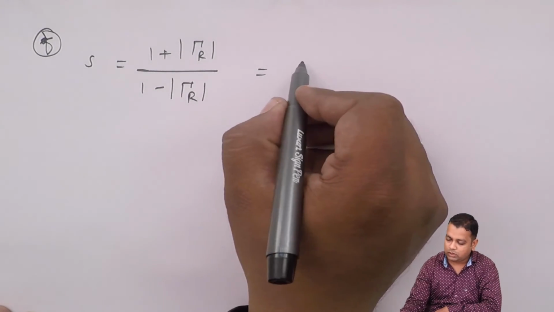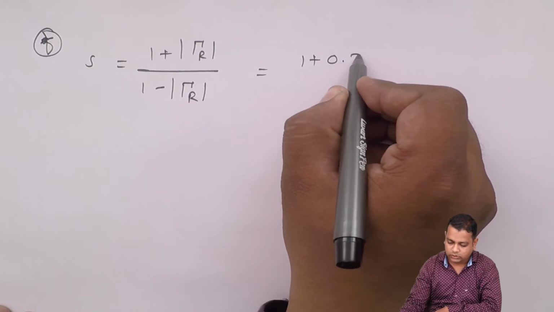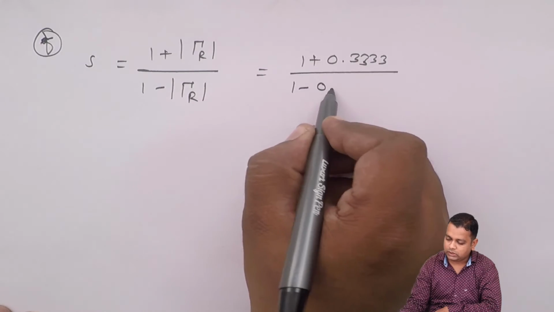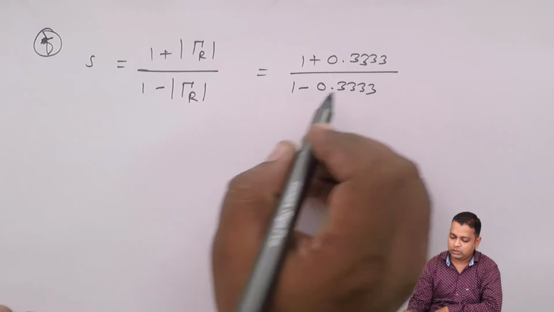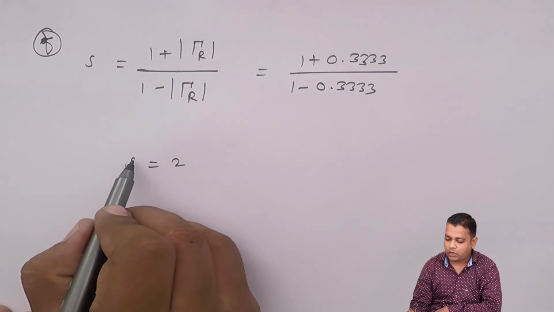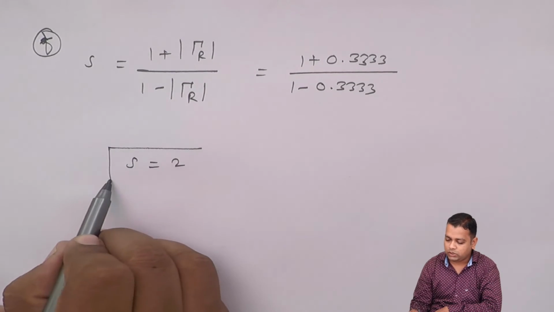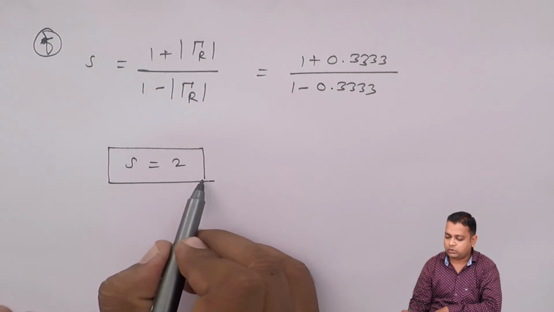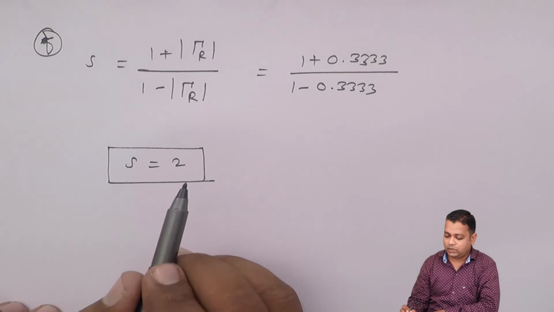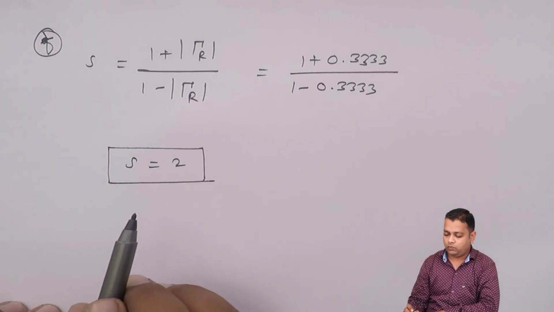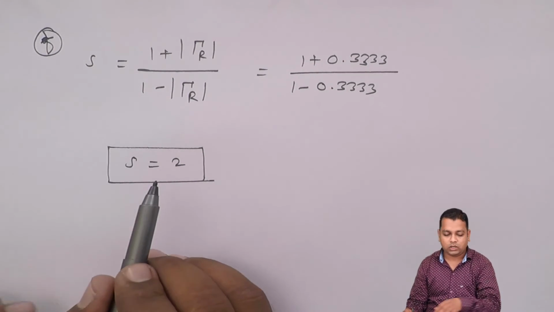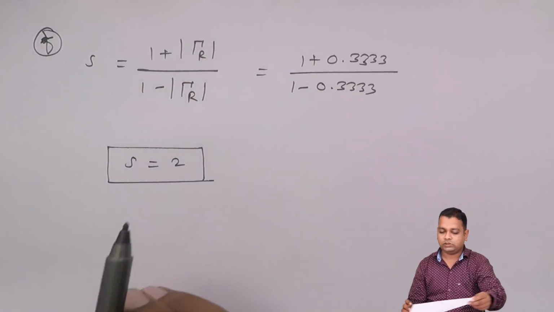Substituting, it will be 1 plus 0.3333 divided by 1 minus 0.3333. Hence, the standing wave ratio will be 2. The standing wave ratio is the ratio of the maximum amplitude to the minimum amplitude of the electric wave, or simply the electromagnetic wave. It is a unitless quantity. So S equal to 2 is the answer for F.